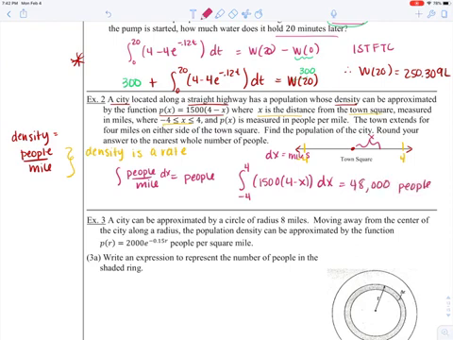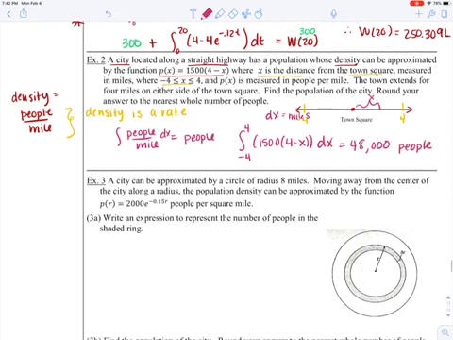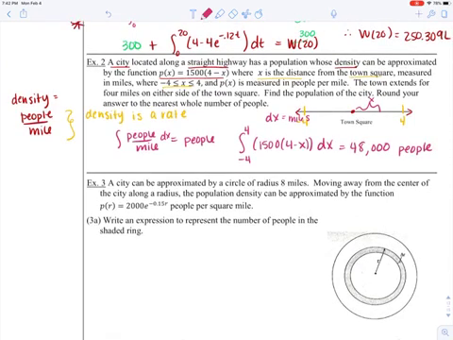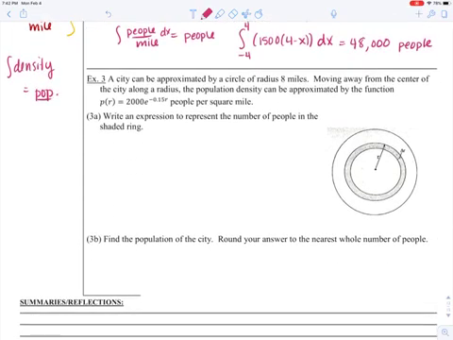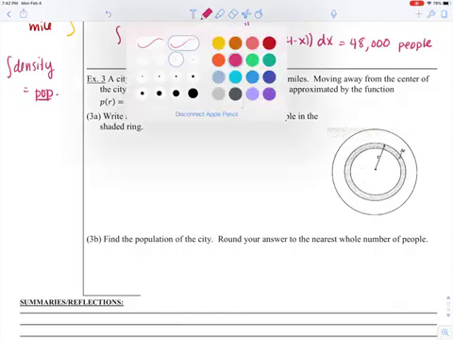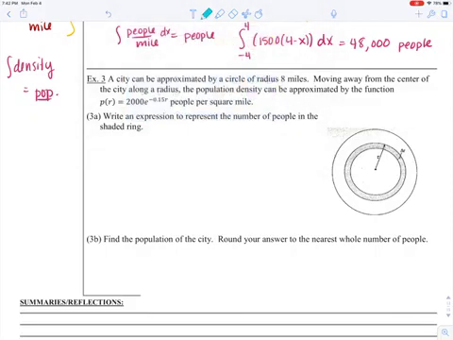So the big takeaway from this problem is that the integral of a density is a population, okay? So we can extend our thinking just a little bit more and say, hey, it doesn't make sense for a town to really be along one road, okay?